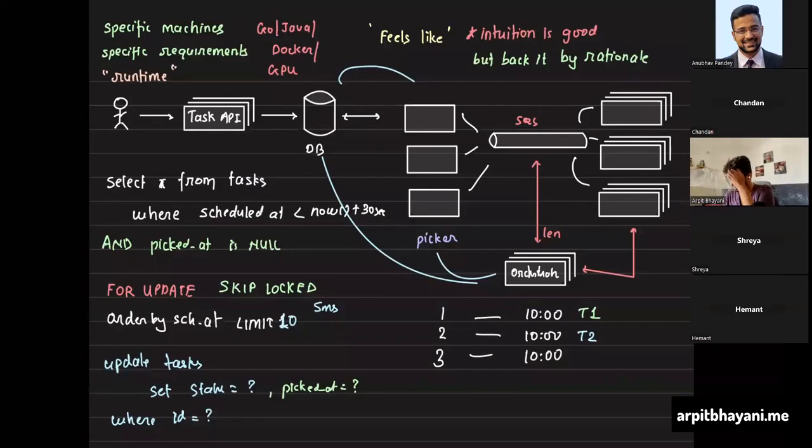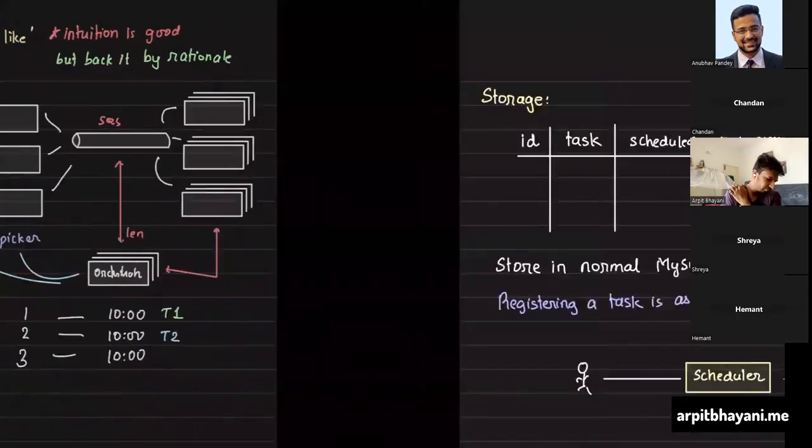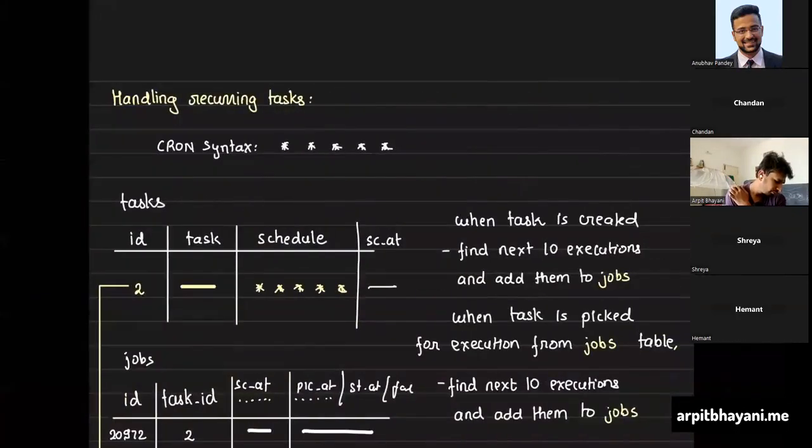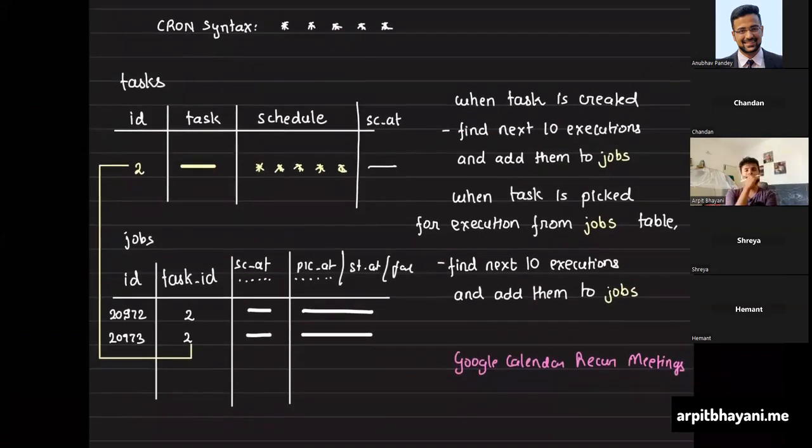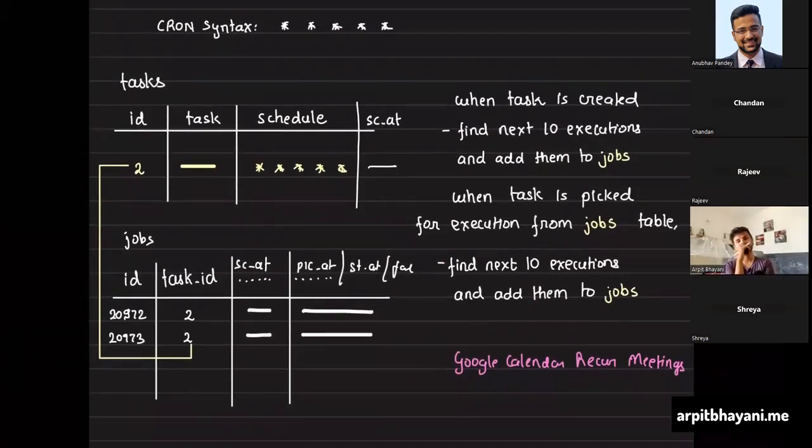Yeah, this is about recurring tasks. Instead of adding 10 rows, or whatever number we choose, can we just add one row for the next runtime, and then when the job gets picked up, add the next one? Good question. But what if that job doesn't get picked up? What if there is a delay? If the task is supposed to run n times and for any reason it did not run, you cannot take that risk.